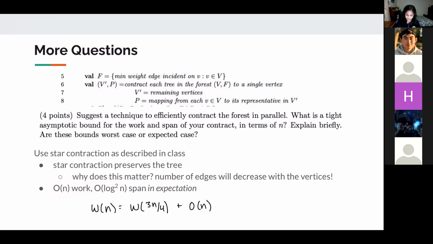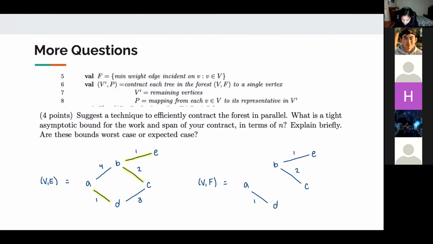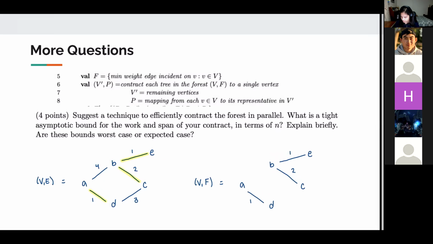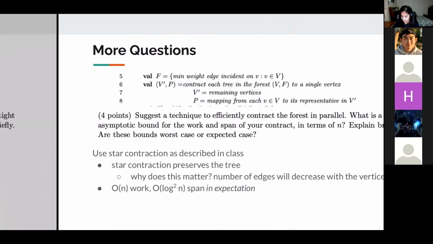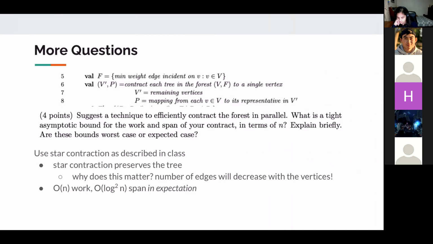Okay, no problem. There's a couple more questions. In this example, I didn't define which vertices could be the centers, but we could pick any of these vertices to be the centers. Like A and B could be the centers here, and E and C could contract into them. With n decreasing by a constant factor, we have that the work is, oh, so you were answering the previous question.